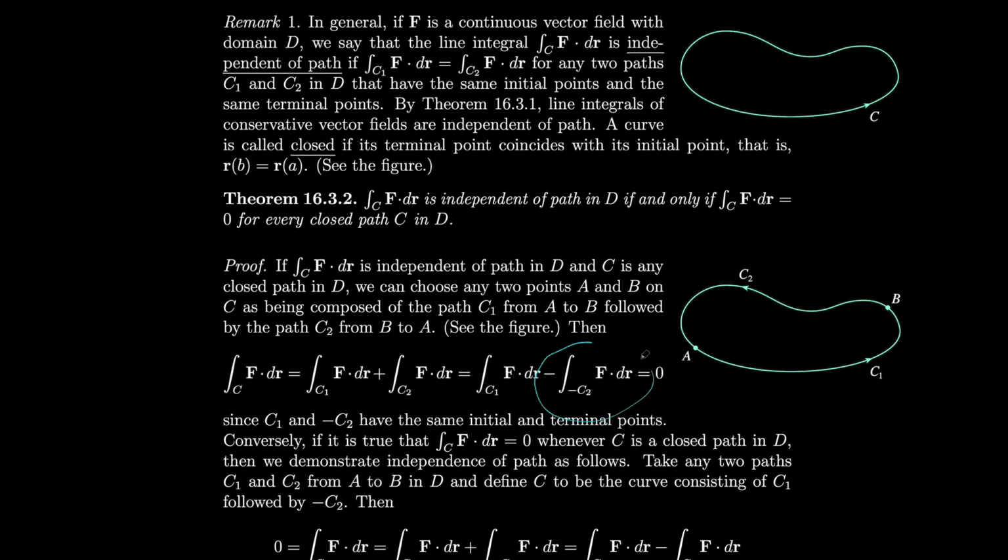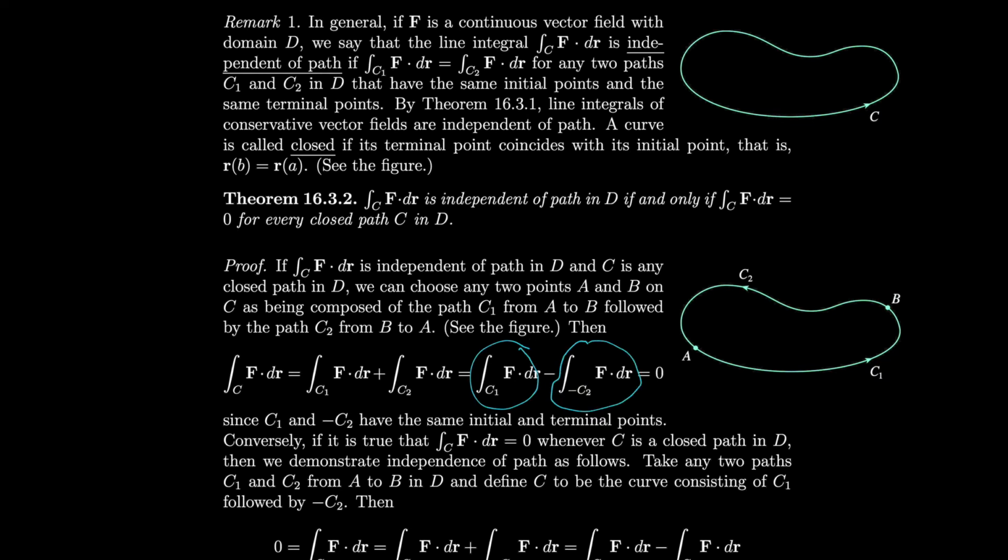And then we get this over here. But remember, we were assuming that we were independent of path. Minus C2 and C1, this is minus C2 in that direction, and this is C1 over here, they both have the same endpoints. So that means that this line integral must be equal to this line integral.